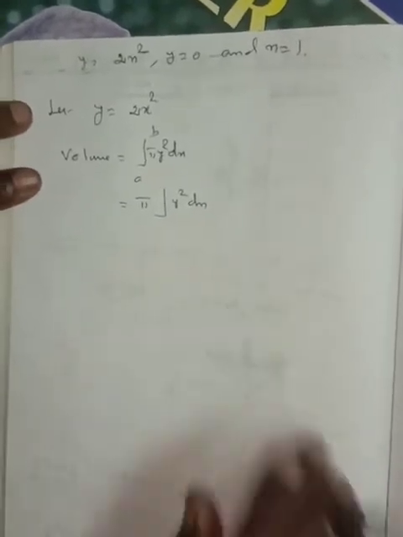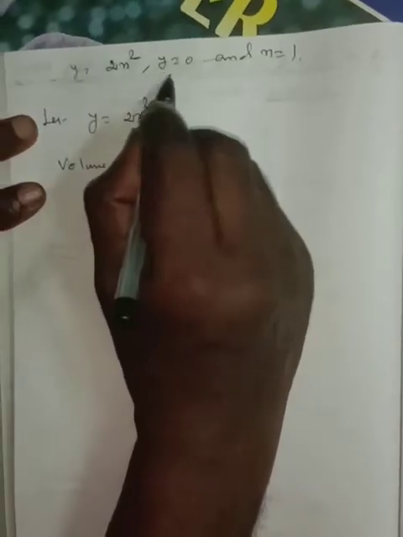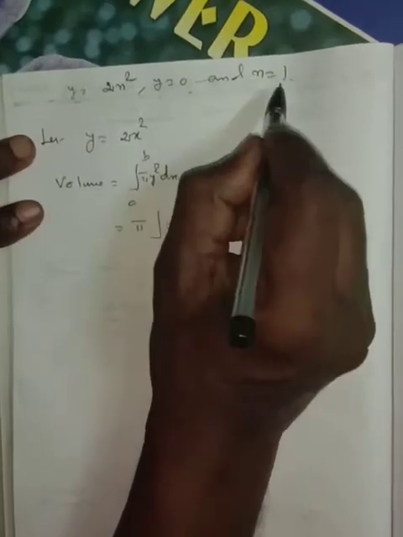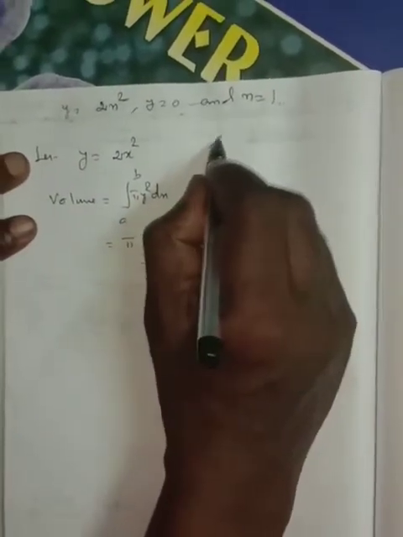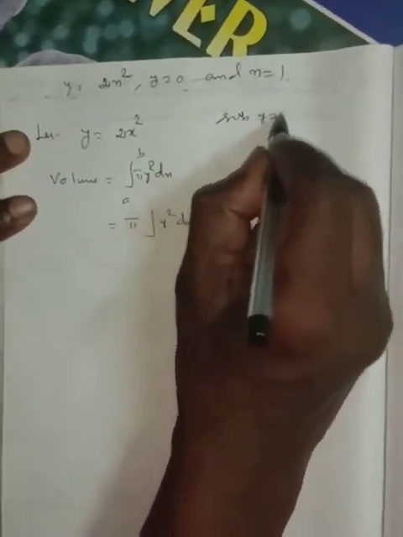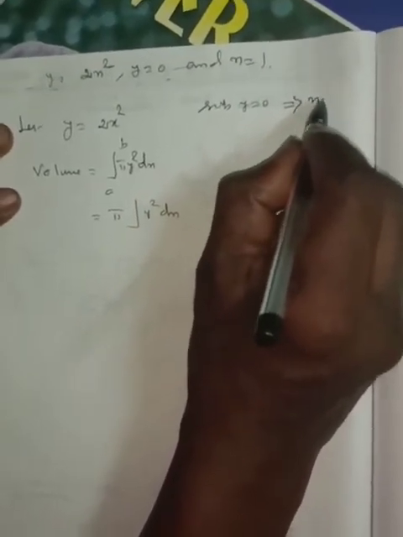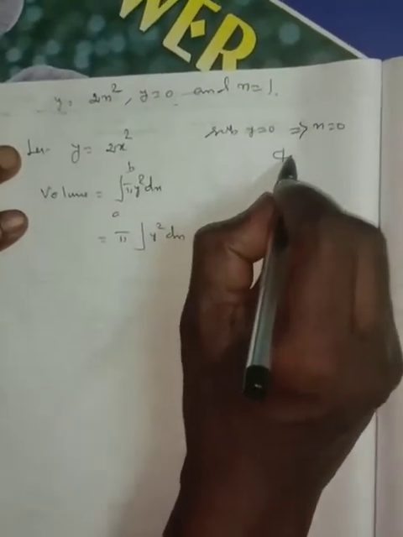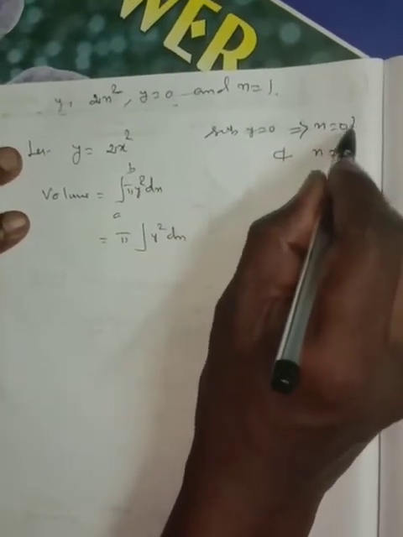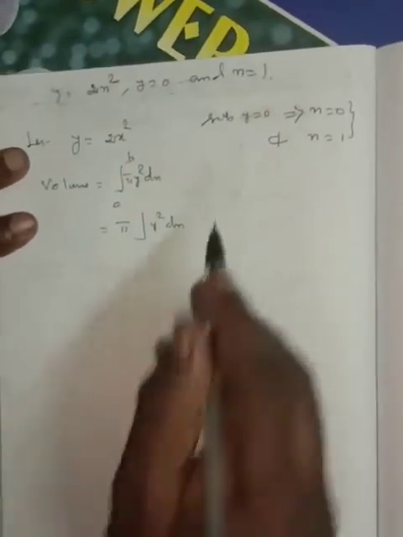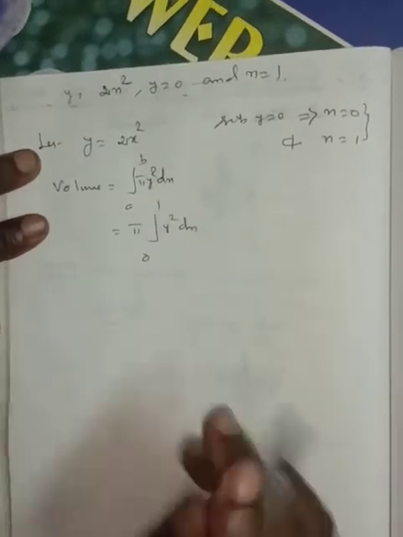In this case 0 to 1. Substitute y is equal to 0, then x is equal to 0, and x is equal to 1. Therefore the limit varies from 0 to 1.